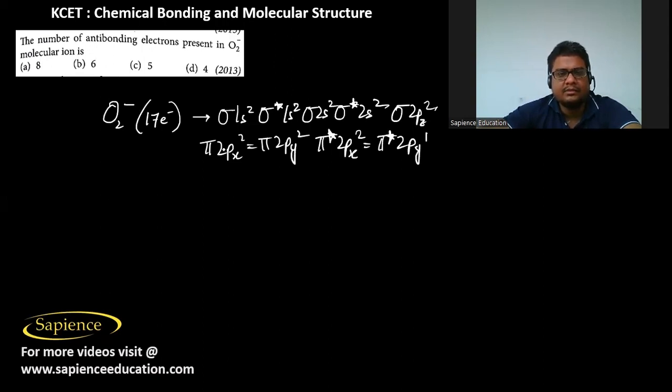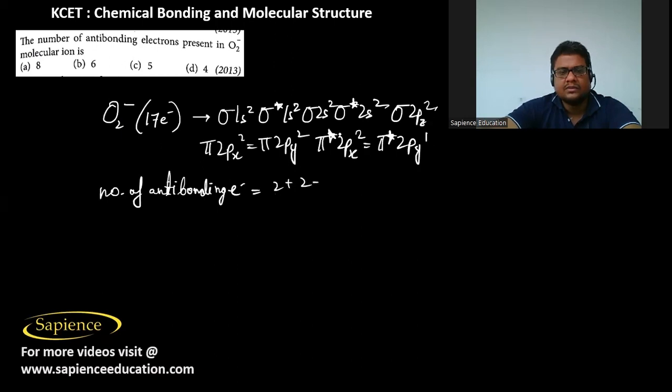So the number of antibonding electrons will be equal to, here we have 2, here again 2, sigma star 1s2, sigma star 2s2, and pi star 2px2 and pi star 2py1.